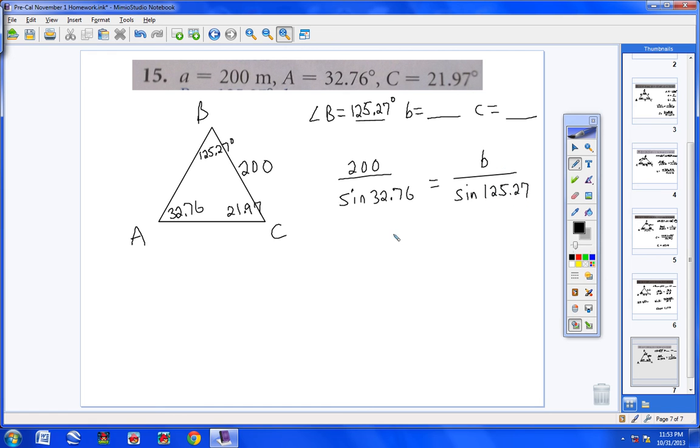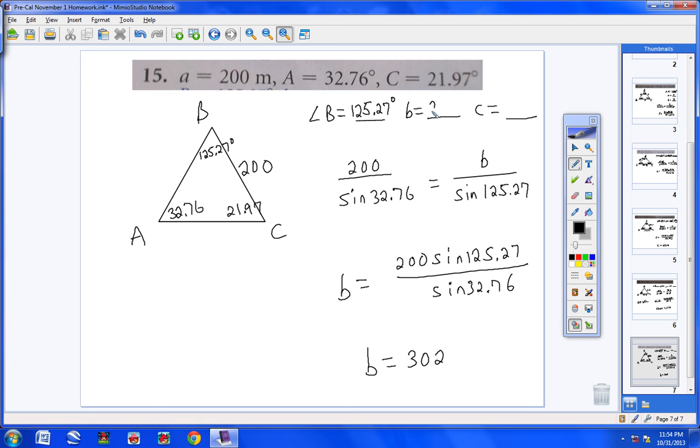Now if I cross multiplied and then divided, I would have B equals 200 sine 125.27 over the sine of 32.76. And if you type that into your calculator correctly, you will get, for the length of B, 302. So there's the length of B, 302, and we'll come over here and we'll put 302.